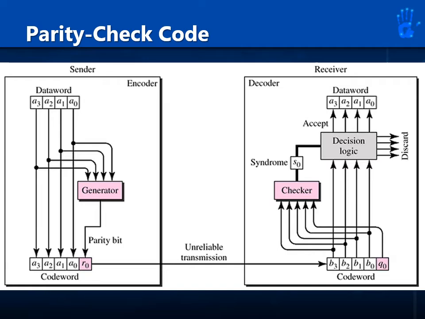After the transmission, the code word will be received by the receiver, and again, a checker will sample the message with the parity bit and judge if this code word is correct. If it is correct, it will send the data word to the next circuit. If it is incorrect, it will be discarded.